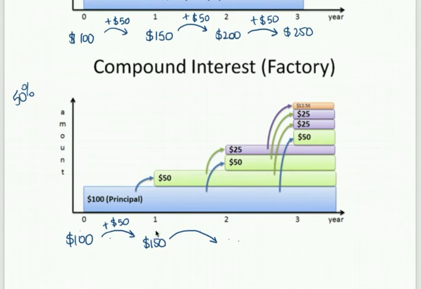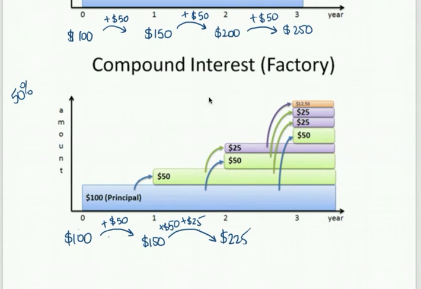So now that you have 150 in there, the new part with compound interest is that, again, they're going to take 50% of your 100, which is $50, but then they also take 50% of the interest that you made, and that's $25. Okay, so now you end up with $225.